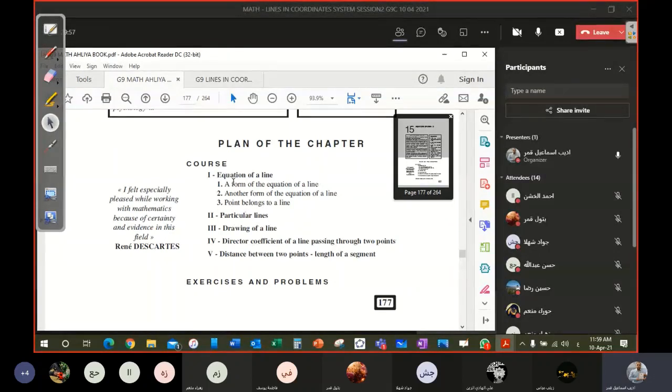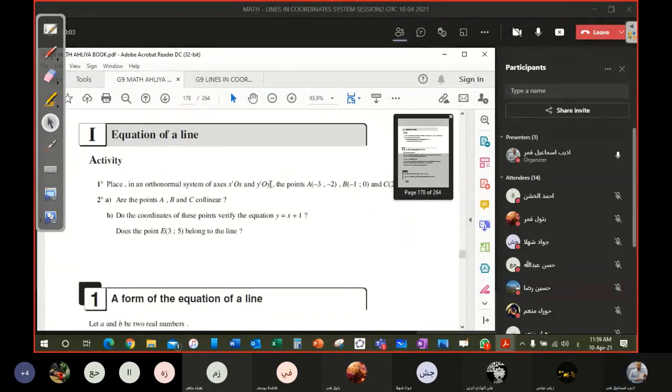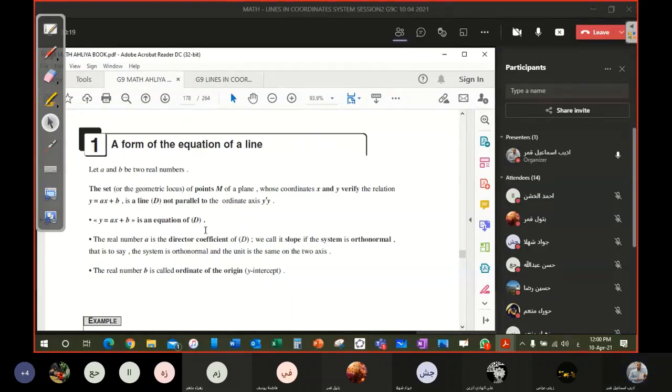So let's start with the first objective, which is the equation of a line. A form of the equation of a line, which is the general form and the one that we are going to work with every time.